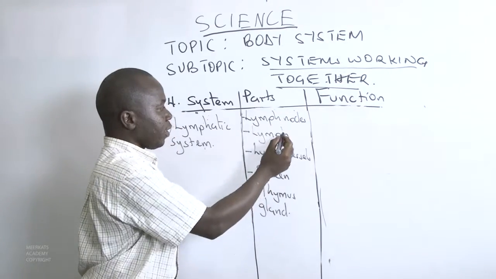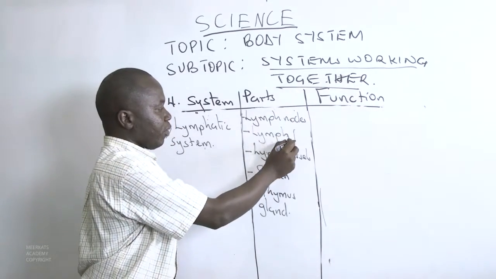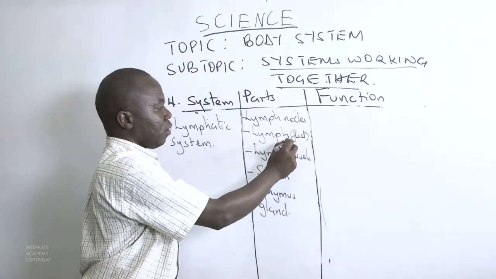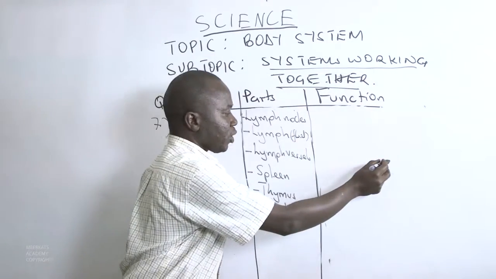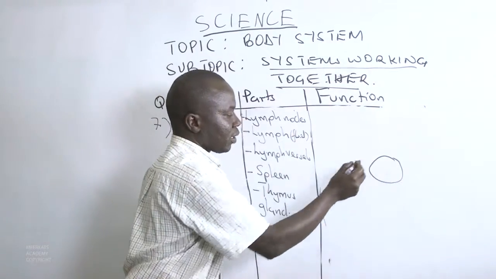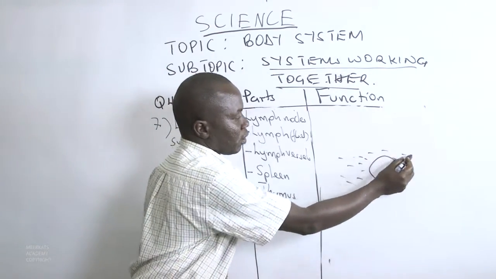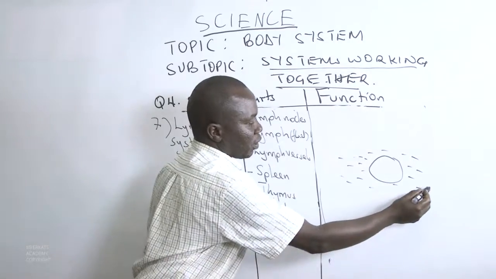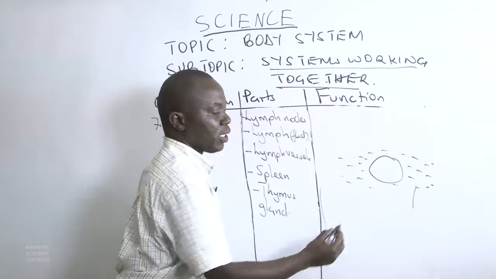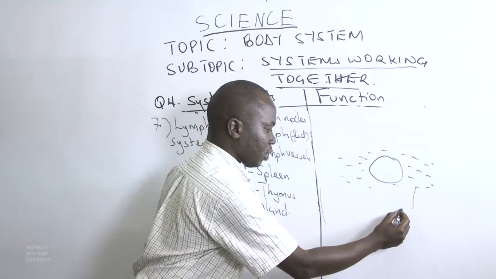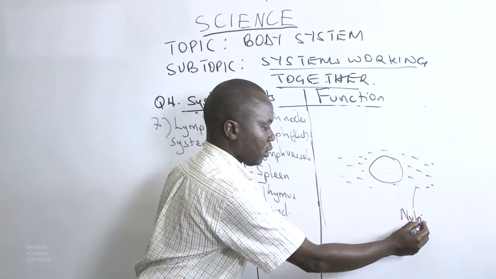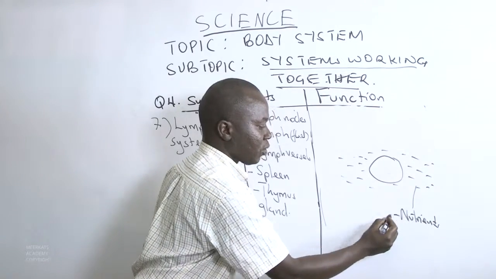So the role of lymph is mainly derived from the fluid. When fluid passes over cells, this fluid contains nutrients. You know the major nutrients.